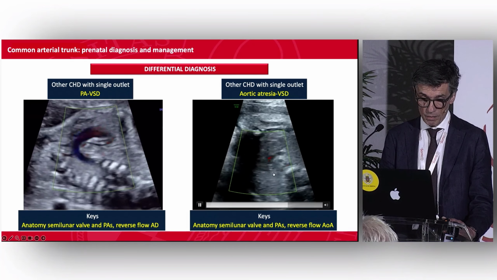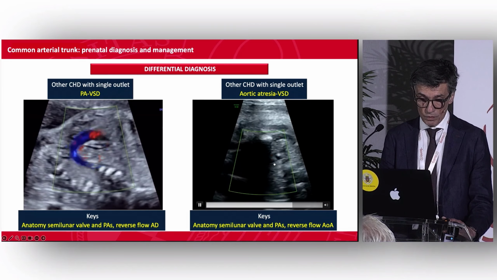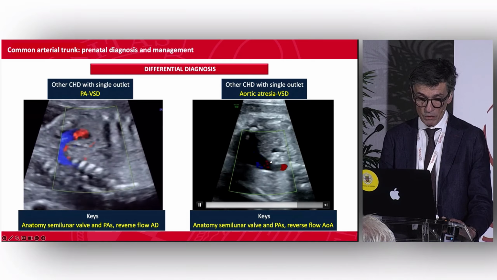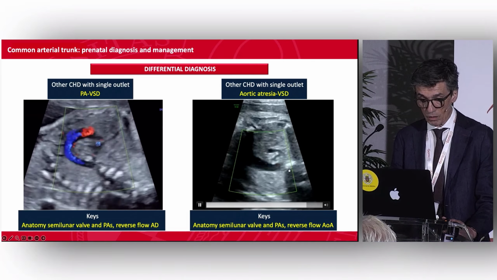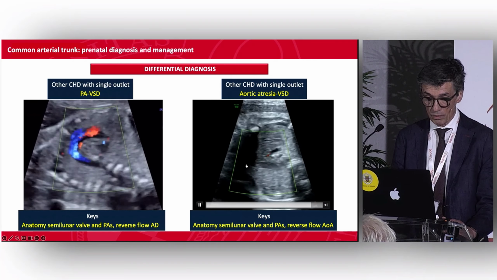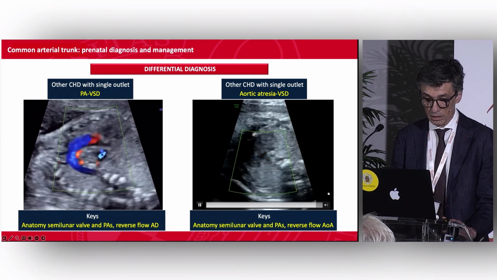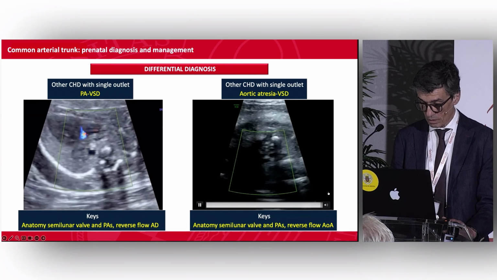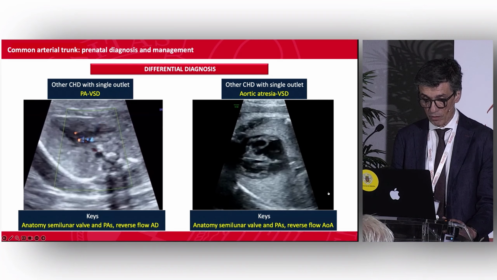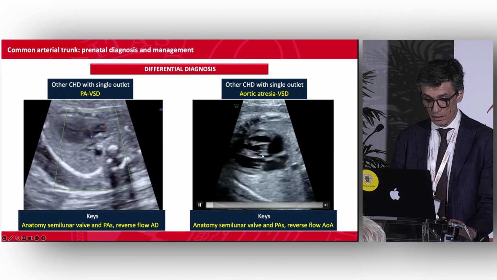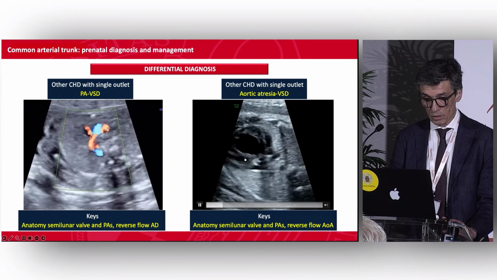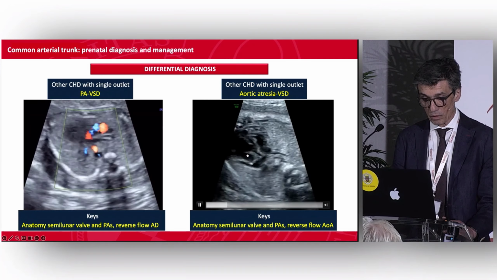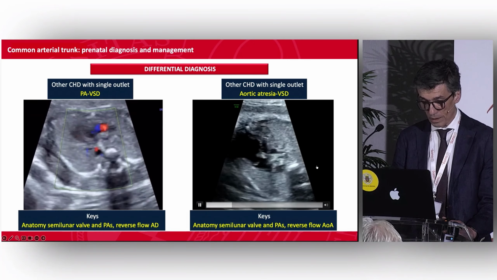Once again, color Doppler is very useful to establish the diagnosis of aortic atresia with VSD and not common arterial trunk, although you are only seeing one large artery arising from the heart. This is a large VSD that allows the filling of the left ventricle together with the mitral valve flow.